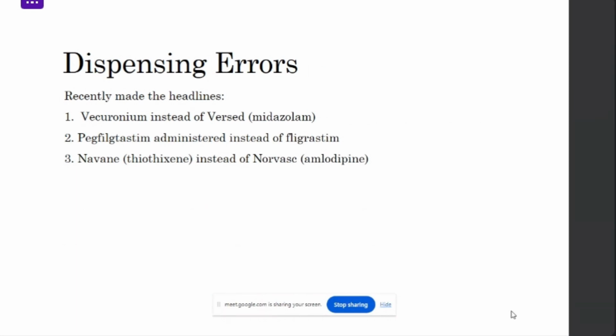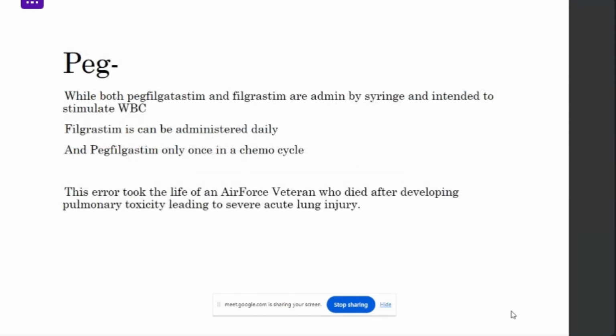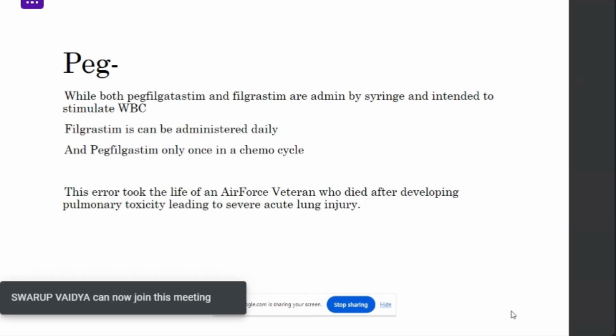So recently there was a headline where vecuronium was given instead of midazolam just because of this lookalike, and pegfilgrastim was given to a patient instead of filgrastim because of their lookalike. So this was a dispensing error that reached the headline, and this took place in the US in 2017. The pegfilgrastim incident was a very major one where it was given to an Air Force veteran, and it developed into pulmonary toxicity for the patient.